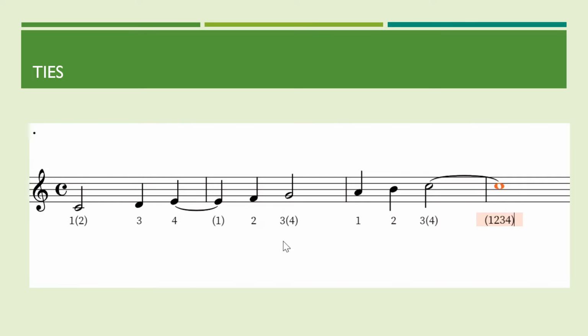So if I were to use my metronome and say the counts, 1, 2, 3, 4, 1, 2, 3, 4, 1, 2, 3, 4, 1, 2, 3, 4. Again, usually we're not going to reiterate the number when it's a half note.